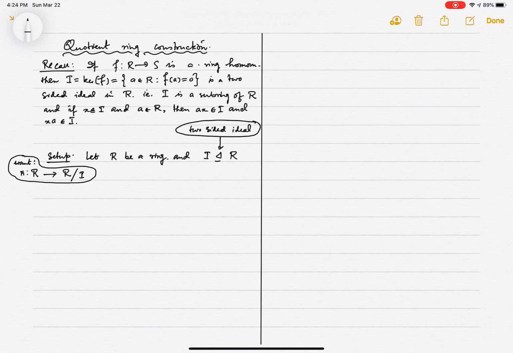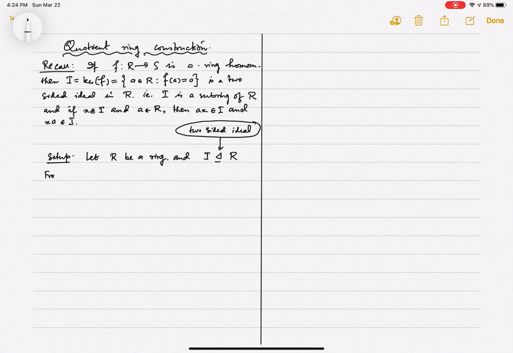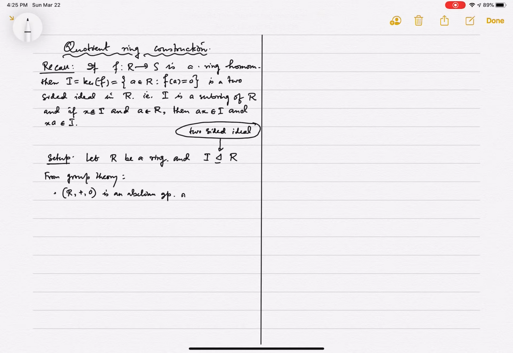From group theory, we already have quite a bit of this. You see, R is after all an abelian group under plus. So R, plus, 0 is an abelian group, and I is a subgroup.